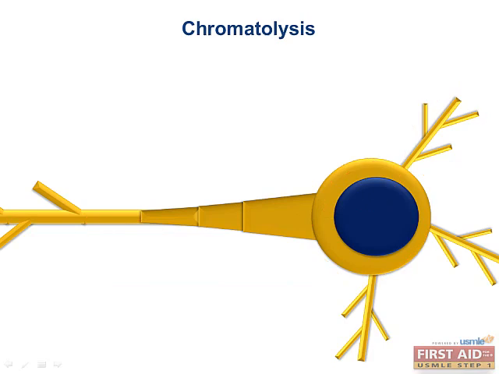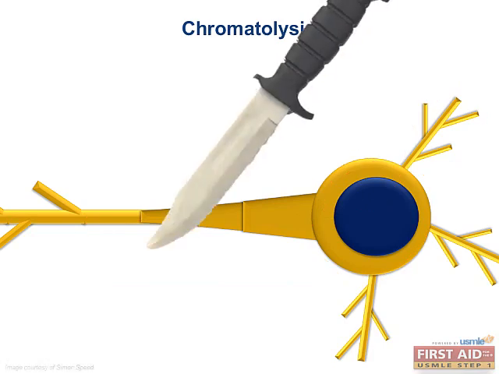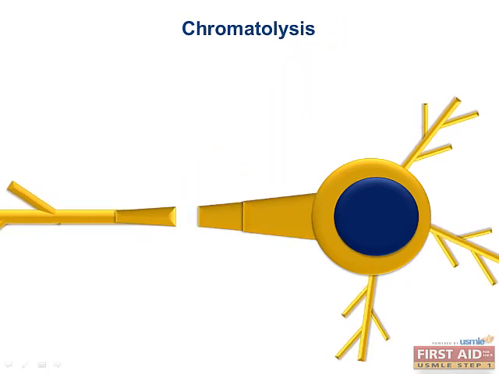Very good. So, let's talk about what happens when the axon is injured. Whoa! Such as by a knife wound, like we see there. So, the way that the nerve will repair itself is called Wallerian degeneration or chromatolysis.